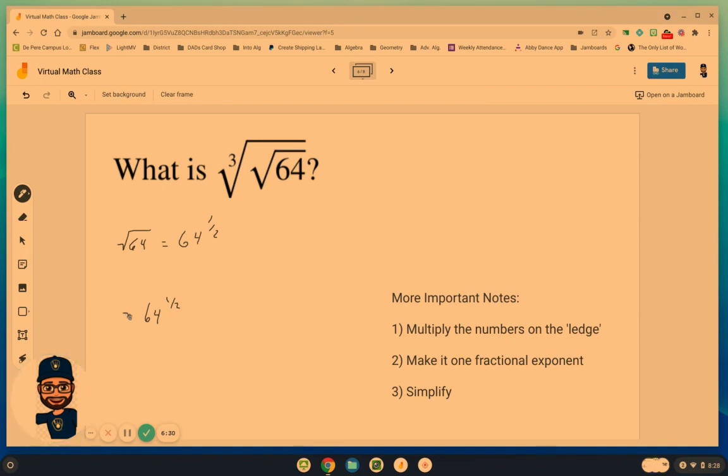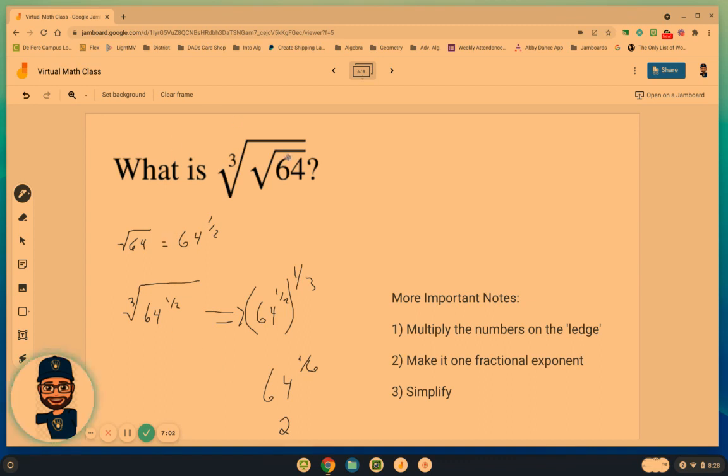And then we're taking the cubic root of that. But the cubic root really implies that we're taking whatever is underneath the radical sign, 64 to the 1/2, and in a sense, we are raising it to the 1/3 power, and we multiply a power to a power, 64 to the 1/6. So the sixth root of 64 is 2.